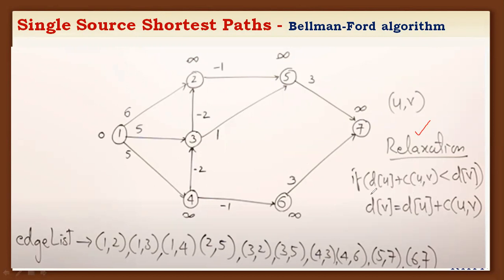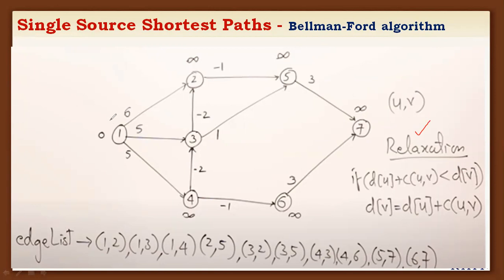Now I am applying the relaxation formula to vertex 1. Distance of u is 0 plus cost of u to v, which is 0 plus 6, that is 6.